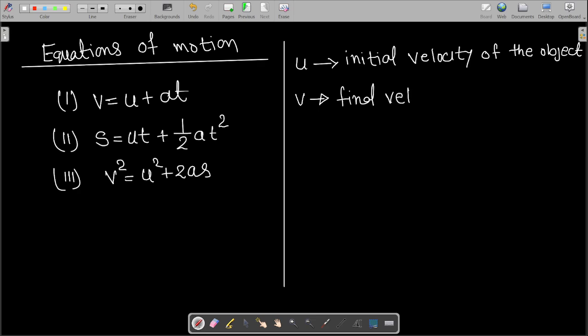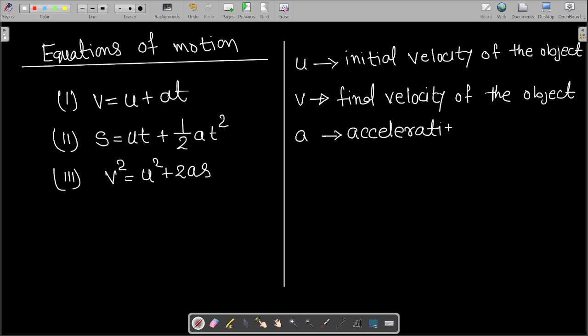And a here is for acceleration. Here acceleration plays a very vital role, because we can use these three formulas only when the acceleration is uniform or constant.